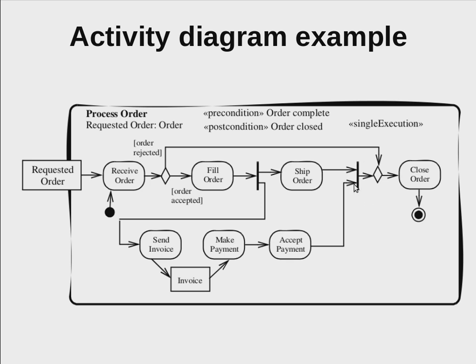And when both of these things are completed, so the request is shipped and payment is accepted, then this process is considered done. So here parallel execution is finished and you close the order. Or if it's rejected, you just go here and close the order immediately. So here is an explicit start point also, and an explicit final point as well.